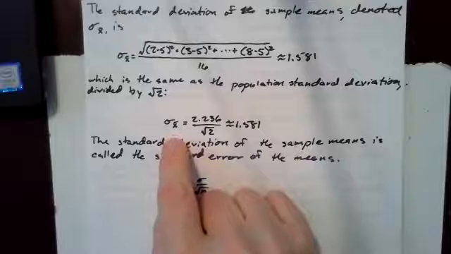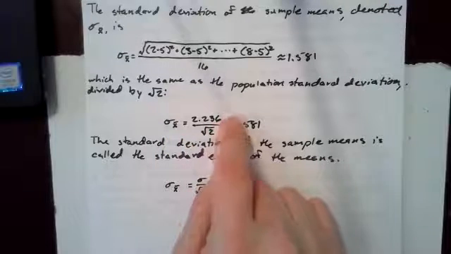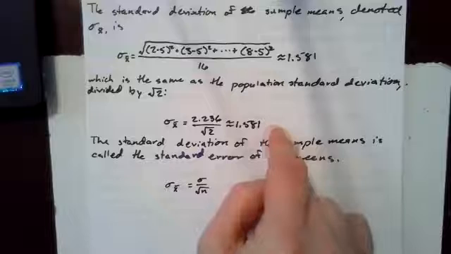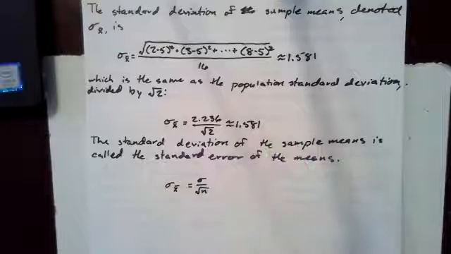So here we've got sigma sub x bar is equal to 2.236 over the square root of 2, and again, that's 1.581. So this tells us that the standard deviation of the sample means is also called the standard error of the means, and that is equal to sigma over the square root of n.